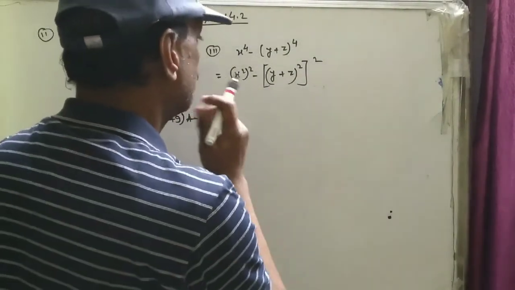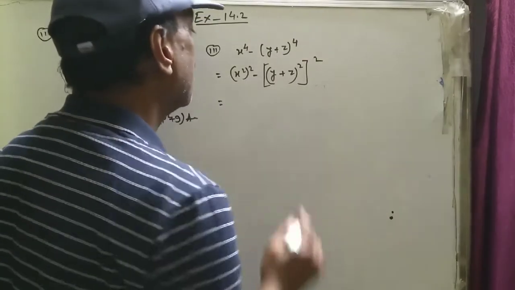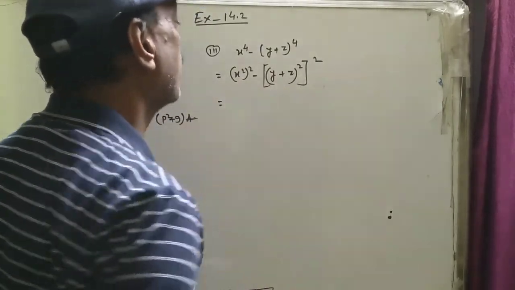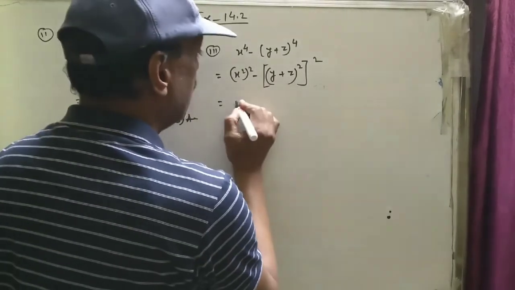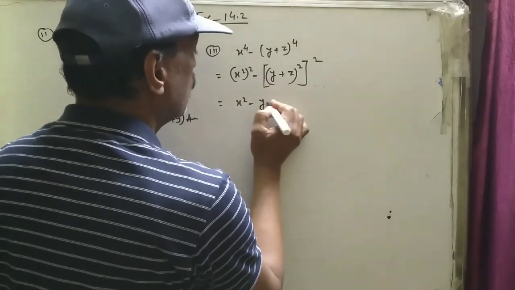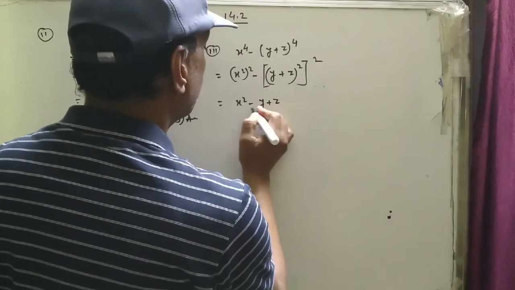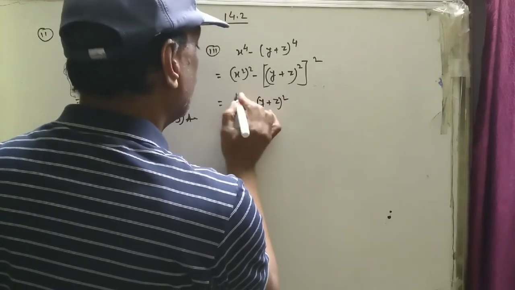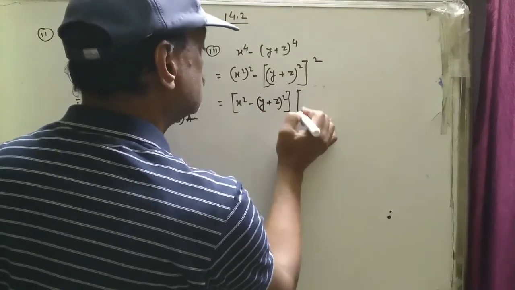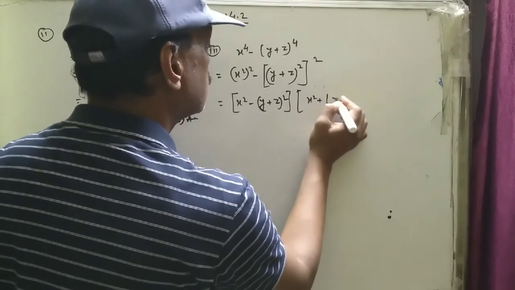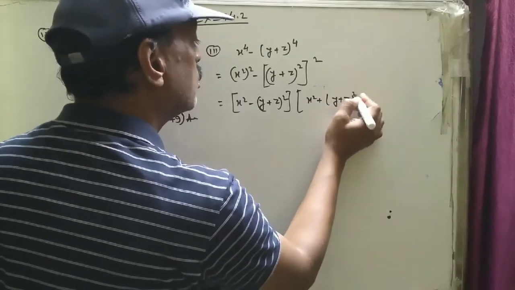Okay, now using a square minus b square here, we will write x square minus y plus z. It is in this way, and x square plus y plus z whole square.